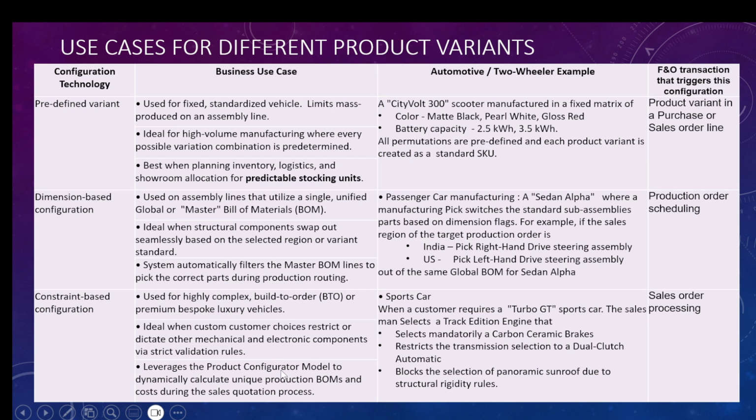So we'll go through these one by one when I walk through this in the F&O application. Okay. Now let me give an example. The customer wants to buy a sports car. Okay, and the customer's choice is Turbo GT sports car. And what happens is this: when the sales order is created, the salesman now selects a few components for that.